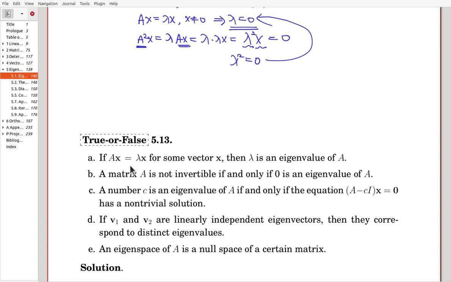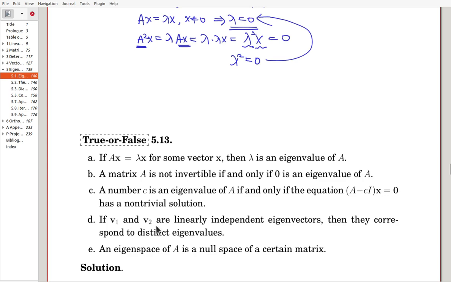Once x is an eigenvector of the matrix, it must be non-zero. A matrix A is not invertible if and only if 0 is an eigenvalue of A. We consider it true. A number c is an eigenvalue of A if and only if the homogeneous equation (A minus cI)x equals 0 has a non-trivial solution. Yeah, it's true.